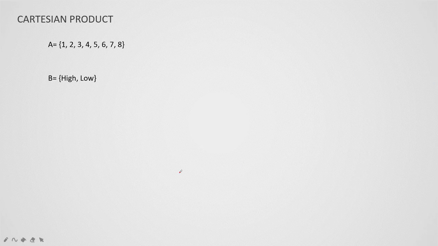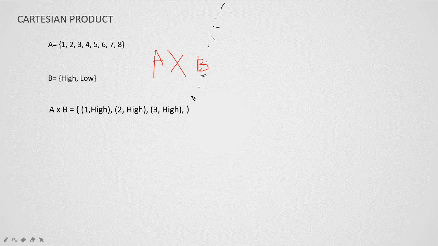Cartesian product is represented like this, that is A cross B. It could also be represented as B cross A. Here I'm going to say A cross B. So how will I write A cross B? I'll show you the answer first, then we'll tell you how to get it. A cross B will be represented like this.